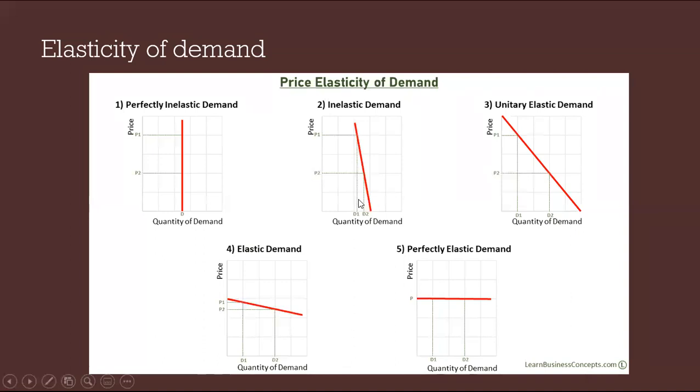This happens due to the basic needs of the population.